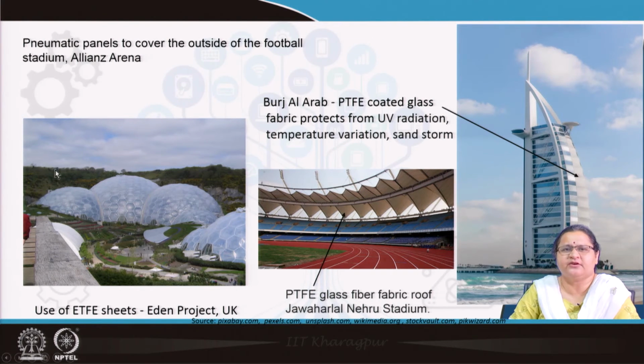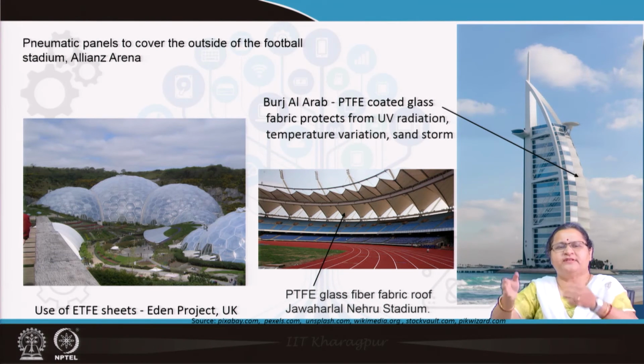There is practically no wall, but it is a framed structure which is coated with this PTFE, with this ETFE pneumatic panels. The same was in the Beijing Aquatic Center. Those were PVC sheets with air insulation.